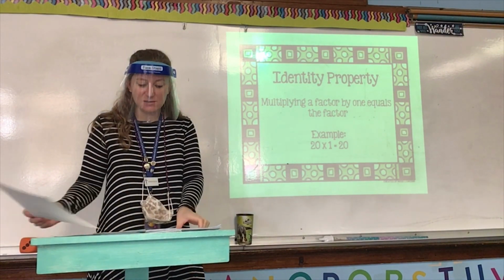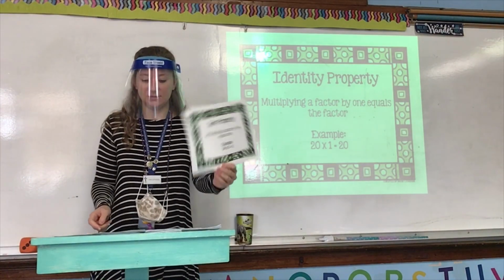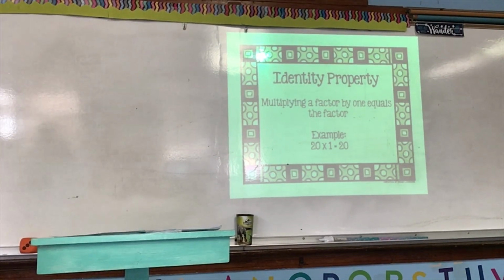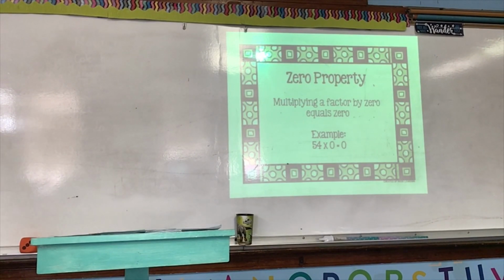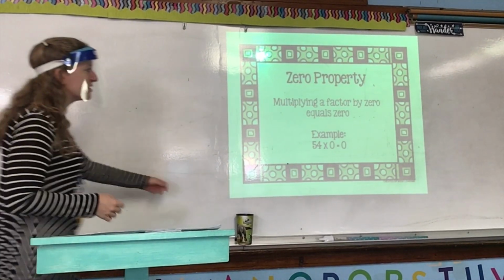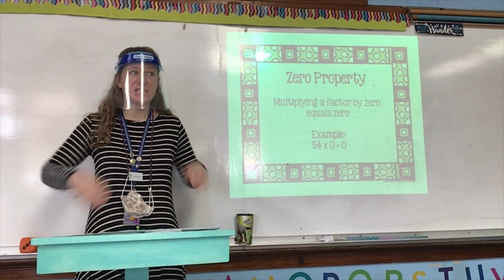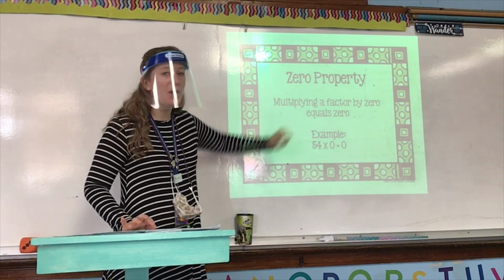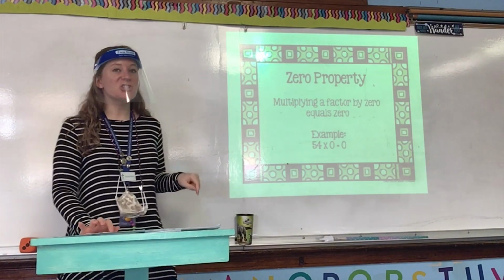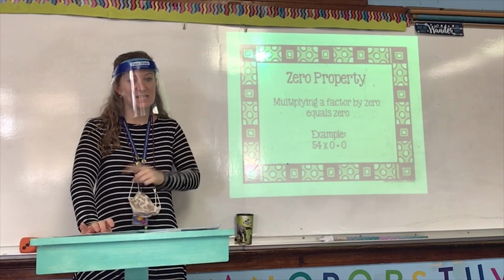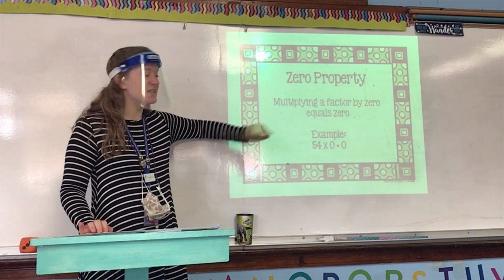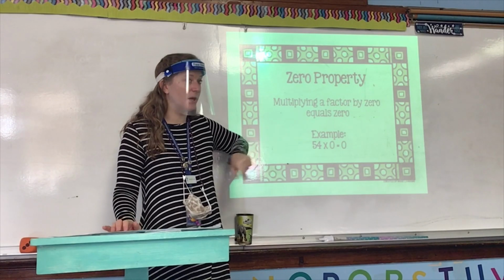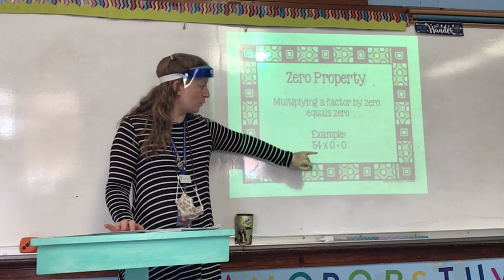And the reason is, look at the next one. We have an extra multiplication property that we did not have an addition version of. We have the 0 property of multiplication. That should help you to understand, hey, identity property has nothing to do with 0 because there's a 0 property of multiplication, which says that multiplying a factor by 0 equals 0, no matter what that factor is.